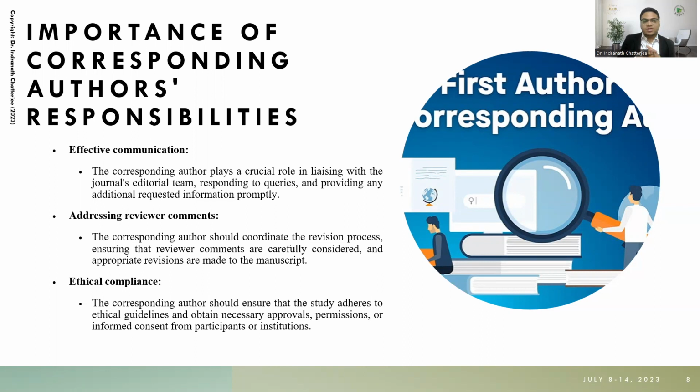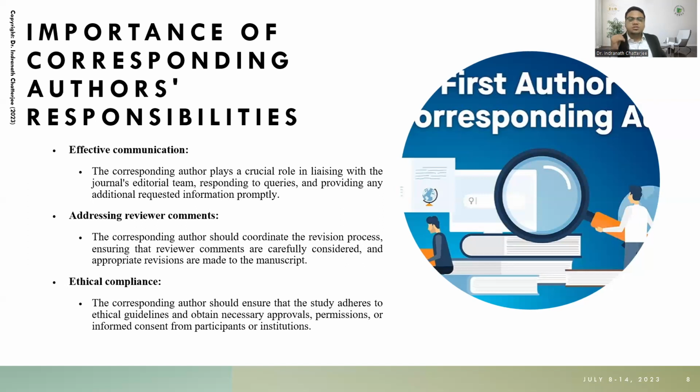So you have to be very careful. So what are the important responsibilities? First, effective communication. The corresponding author plays a crucial role in liaising with the journal's editorial team, responding to queries, and providing any additionally requested information promptly. Address reviewer comments properly to the journal.